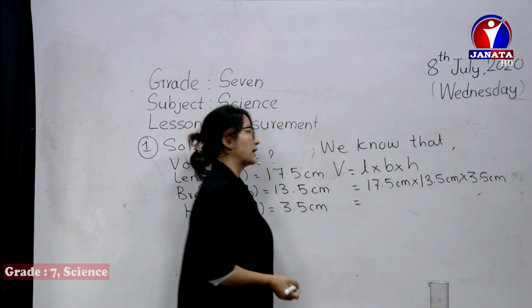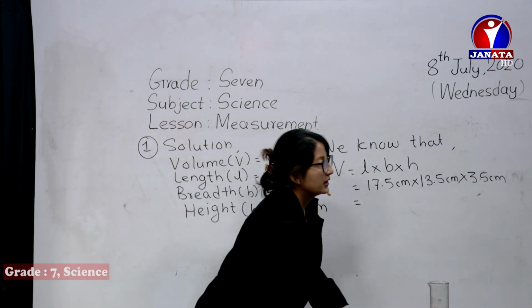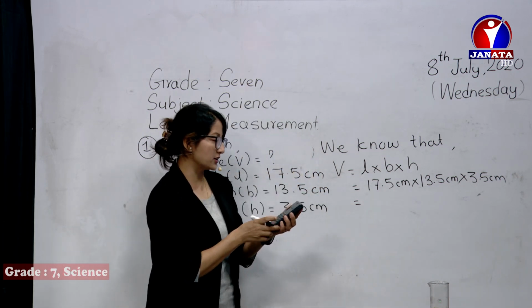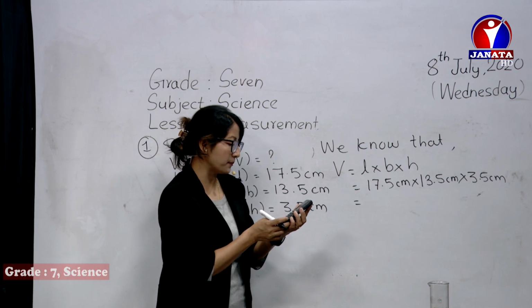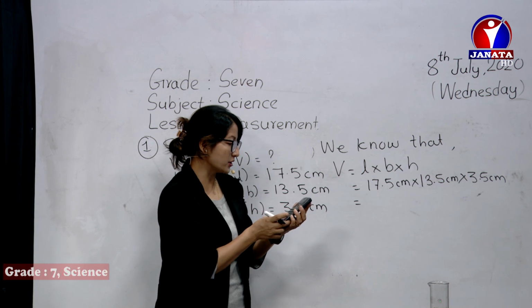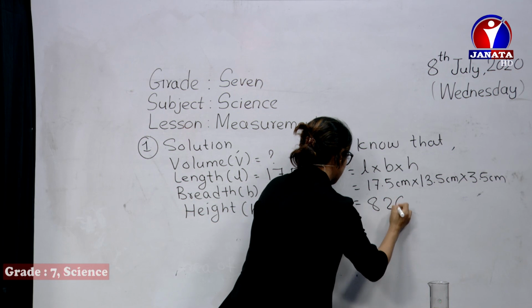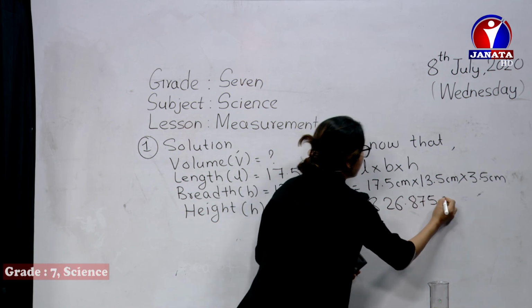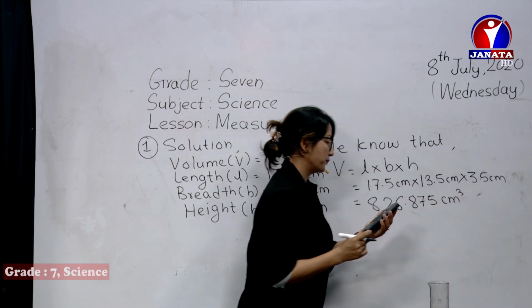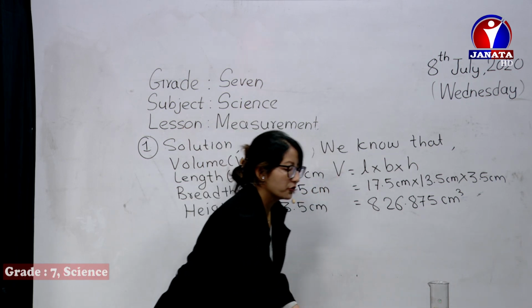Now using the calculator, you can easily calculate it: 17.5 times 13.5 times 3.5 is 826.875 centimeter cube.